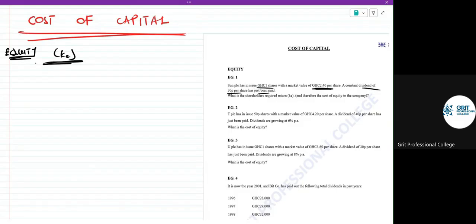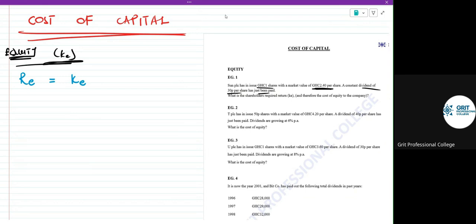Now, the question has put it this way because when it comes to equity, what the shareholders will call their required rate of return, RE, is the same as what the company will refer to as their cost of equity. So RE is the same as KE for equity finance.